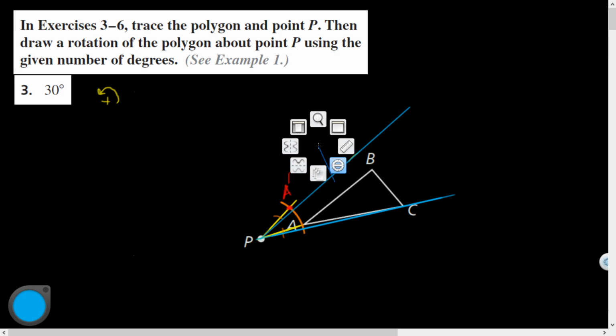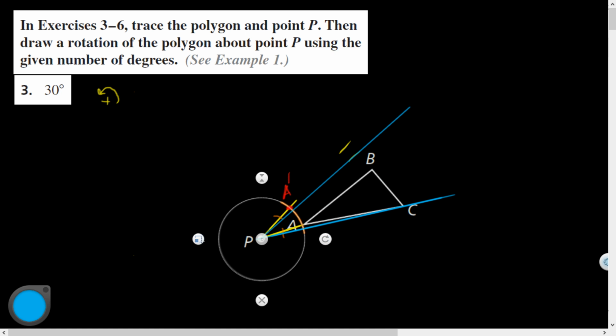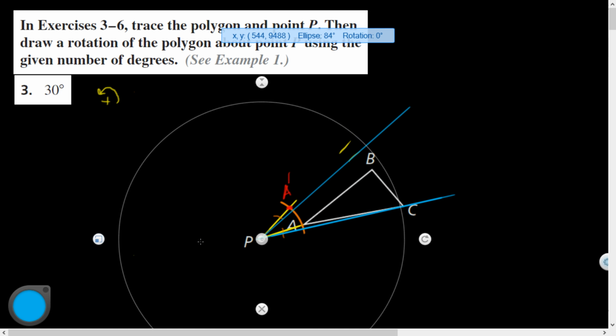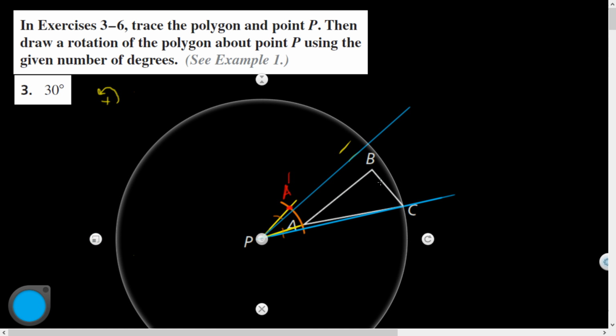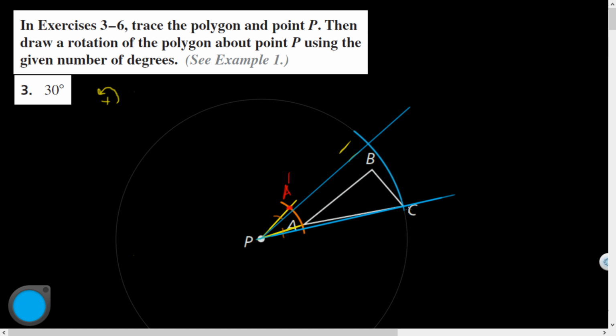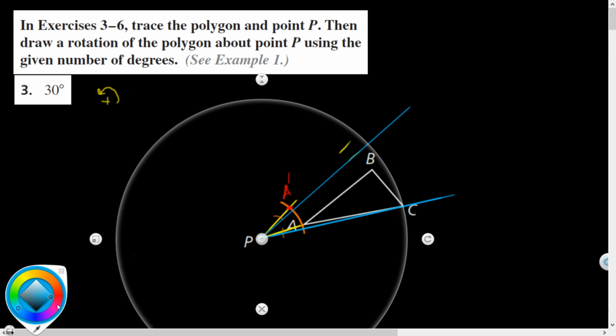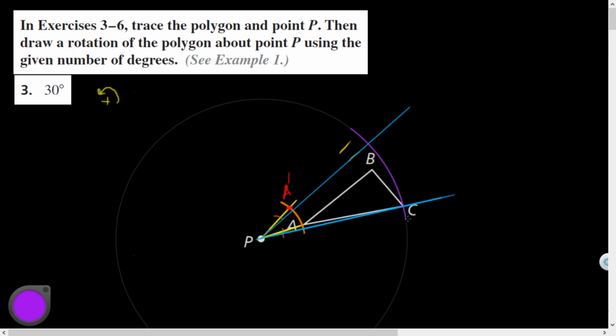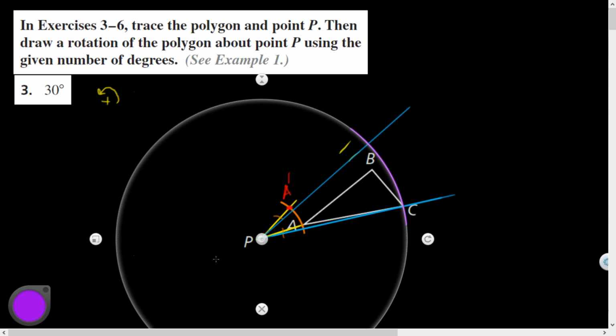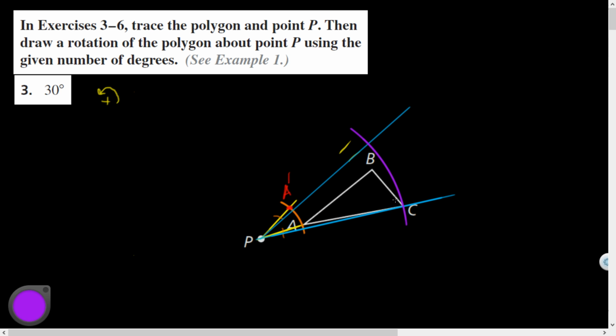So I would take out my compass, I would set the radius of it to line up with C as such, and I'll use a different color here. I would draw across and I would end up getting a congruent segment, right? So this segment is going to be congruent to that segment there, and I have found the location of C prime, like so.